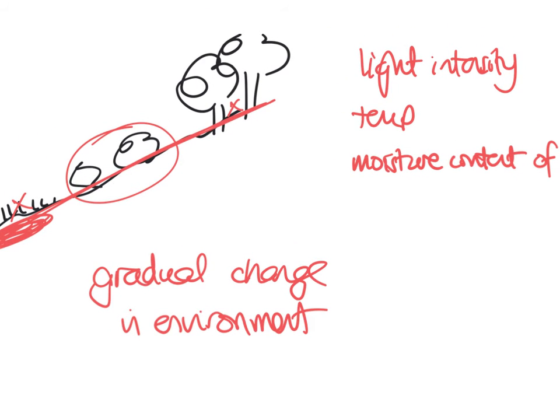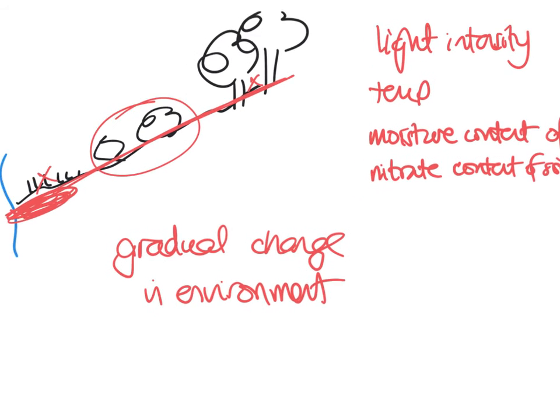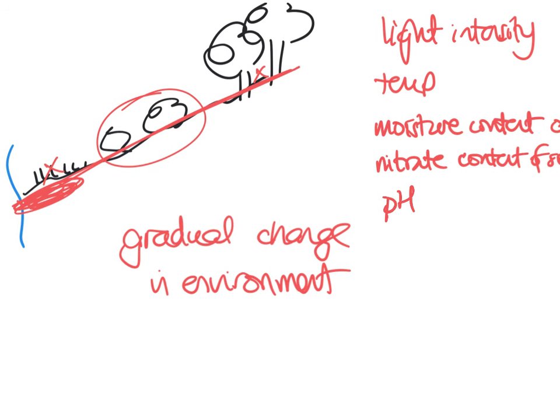Underneath the trees, you might have a lot of nutrients because the leaves are falling off and the nutrients are going into the soil. So you might have different nitrate concentrations, different other sorts of ion concentrations. The pH of the soil might be different in different places.